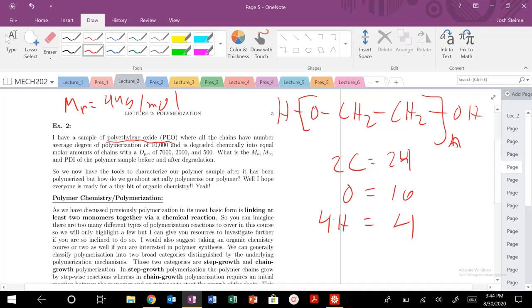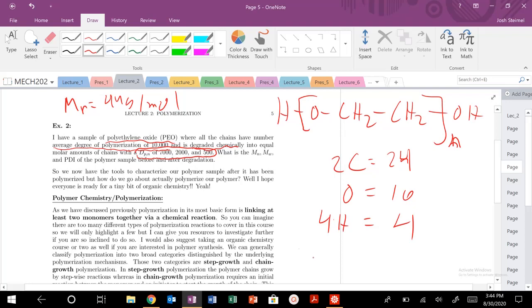So now you have a sample of PEO where all the chains have number average degrees of polymerization of 10,000. We had this perfect sample initially, but it got chemically degraded. Who knows what happened? That's where chemistry comes into play. It degraded into equal molar amounts of chains with a DPN of 7,000, 2,000, and 500.